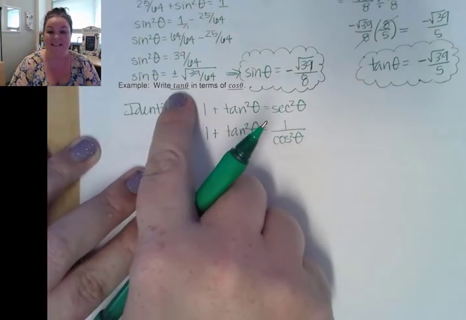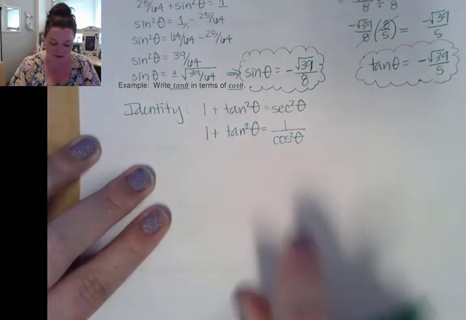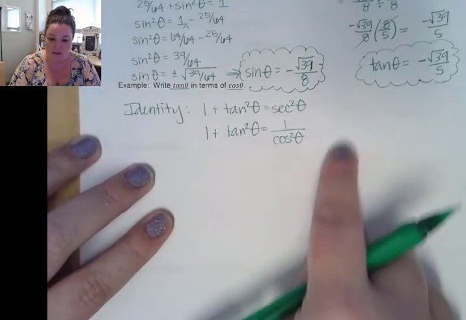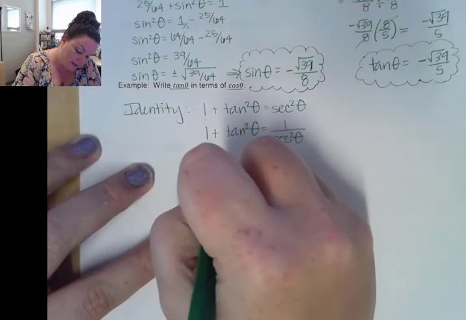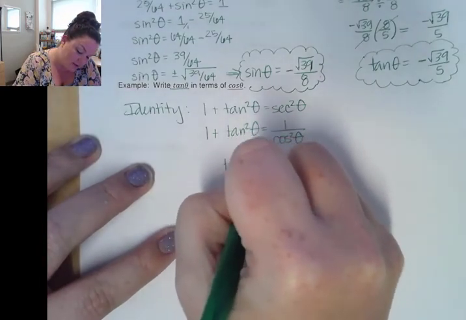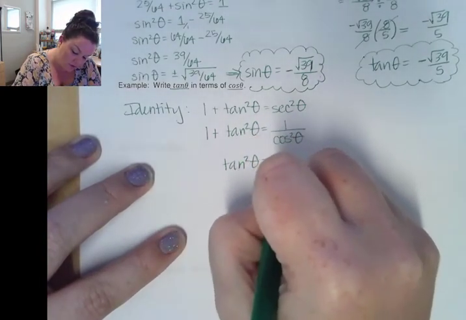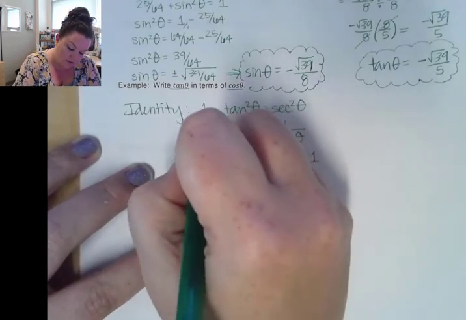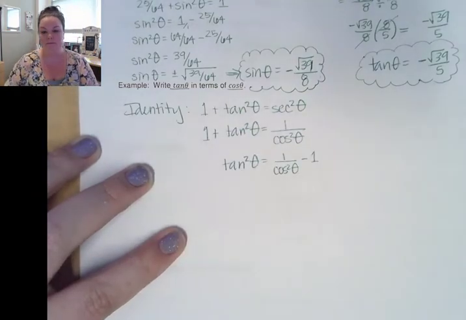To get tangent squared theta by itself, I need to move this 1 to the other side. So I have tangent squared theta is equal to 1 over cosine squared theta minus 1.